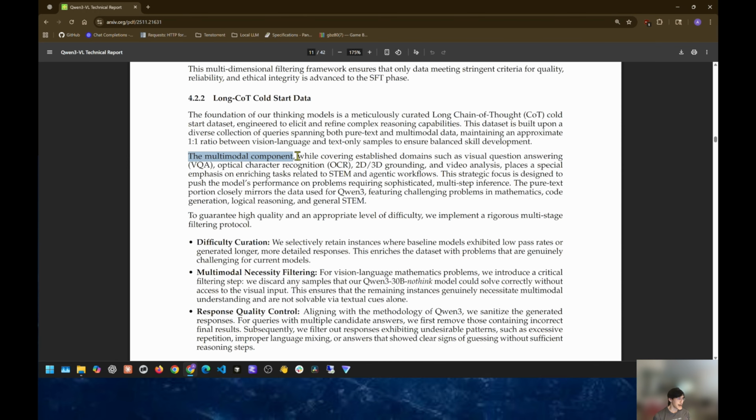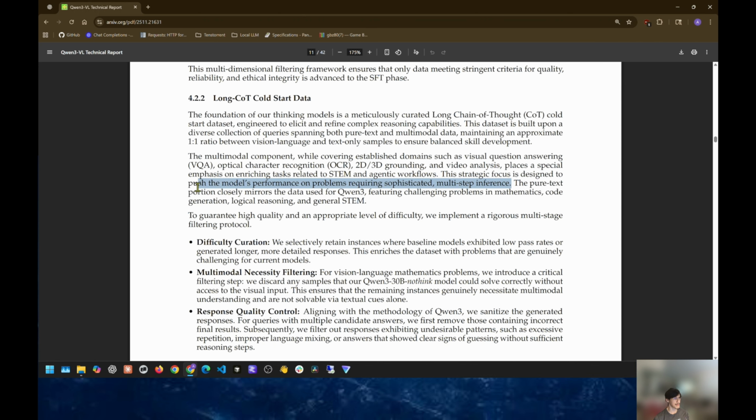The multimodal component, while covering established domains such as visual question answering, VQA, optical character recognition, OCR, 2D, 3D grounding, and video analysis, places a special emphasis on enriching tasks related to STEM and agentic workflows. The strategic focus is designed to push the model's performance on problems requiring sophisticated multi-step inference.